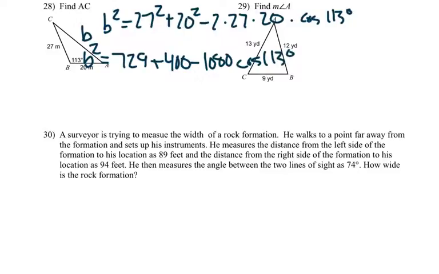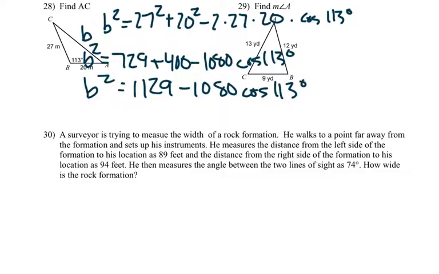Then I'd go 729 plus 400. So you can see I'm getting the same thing. It's just much easier to do it using the calculator. There's not really much I can do here. I could figure out what that is: 1080 times the cosine of 113 degrees. That's negative 421.99. So I might as well just from here out do the rest. Could I go 1129 minus that negative 421?